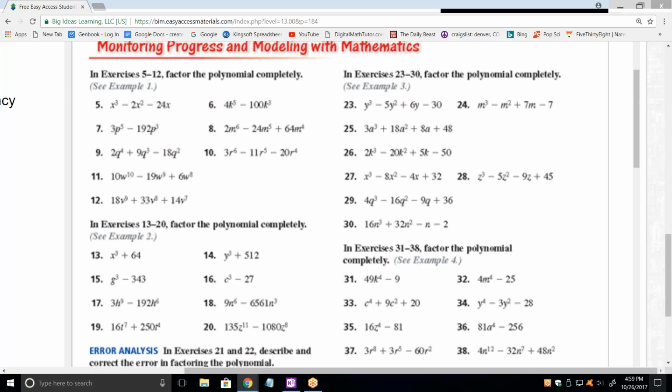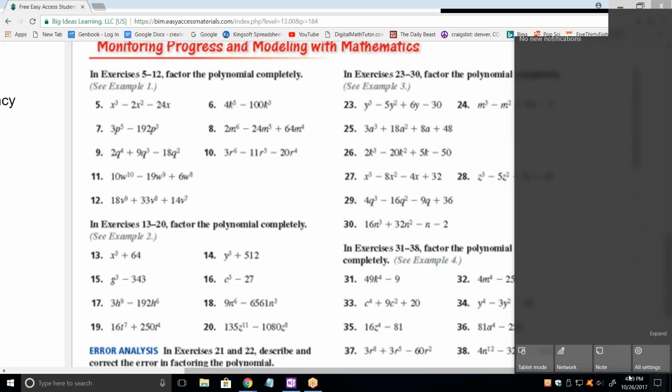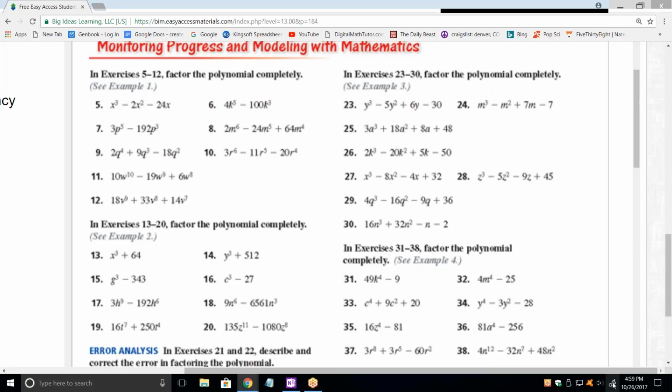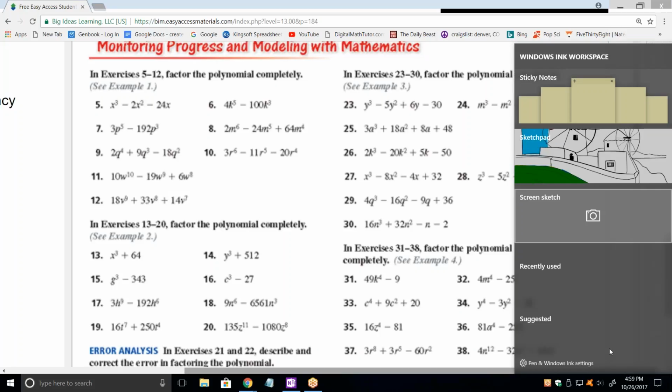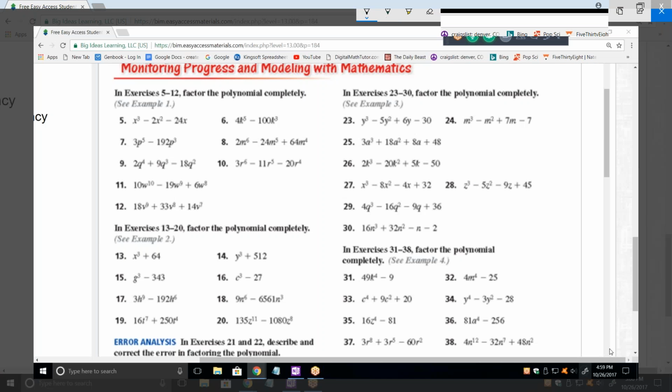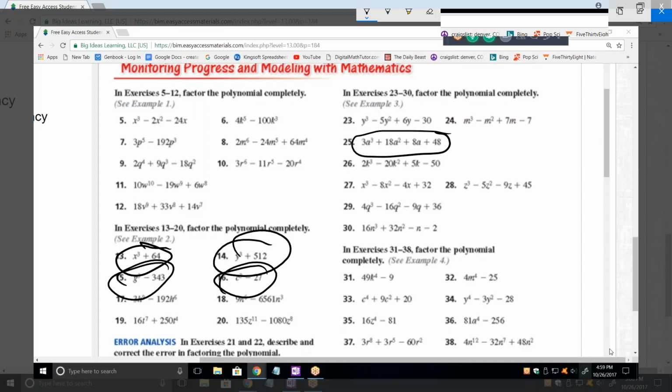Well, 25 can't be, because 25's got four terms in it. There's no way that is the sum. Notice that the sum and difference of perfect squares and cubes are always two terms. That's two terms, that's two terms, that's two terms.